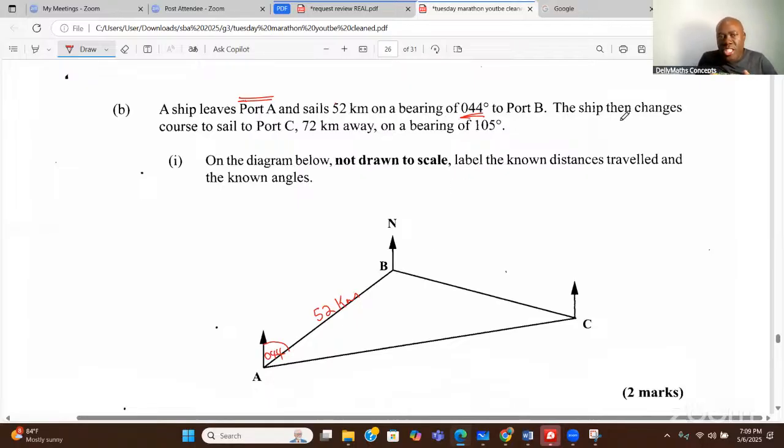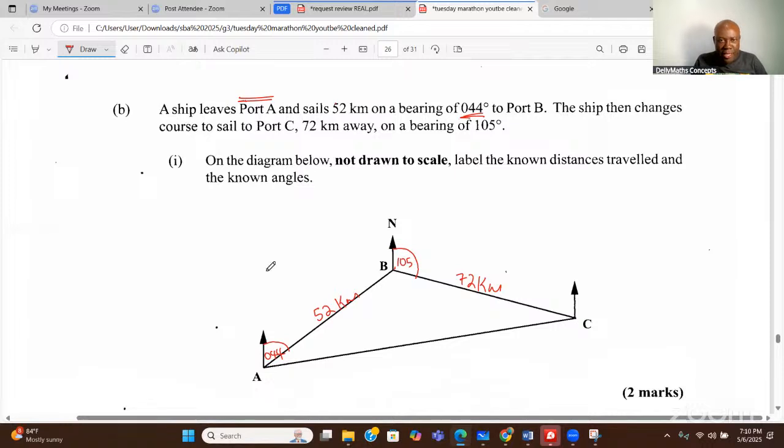The ship then changes course to sail to port C. So from B, it changes course and sails to port C, 72 kilometers away on a bearing of 105. Just like that. I'm just putting these on as I go.